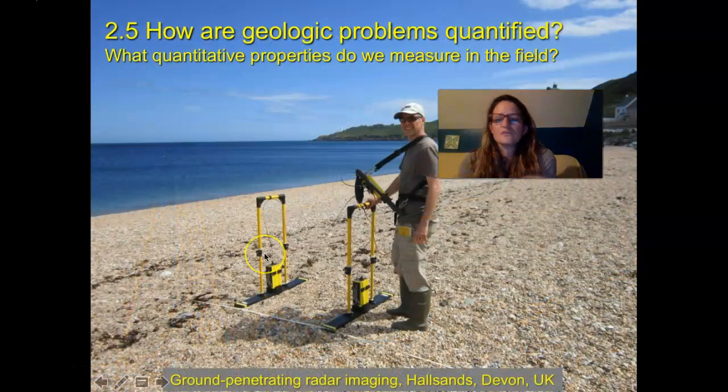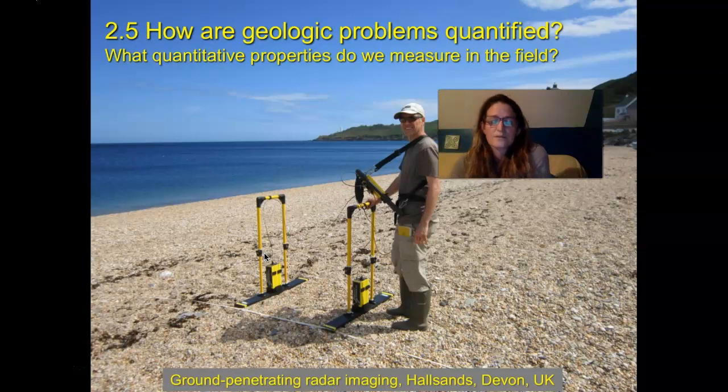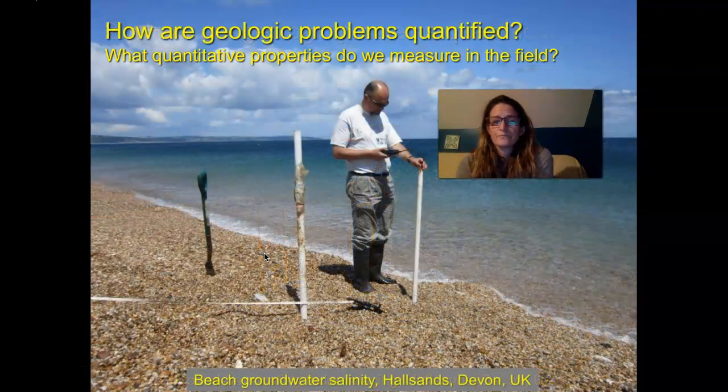And then we use GPR, or ground penetrating radar, that is literally going to send a radar into the subsurface, and then that is going to bounce off layers, and we can find fine layers within the subsurface of the beach and make a cross-section of the beach and the water and maybe different sediments within that beach with the GPR.